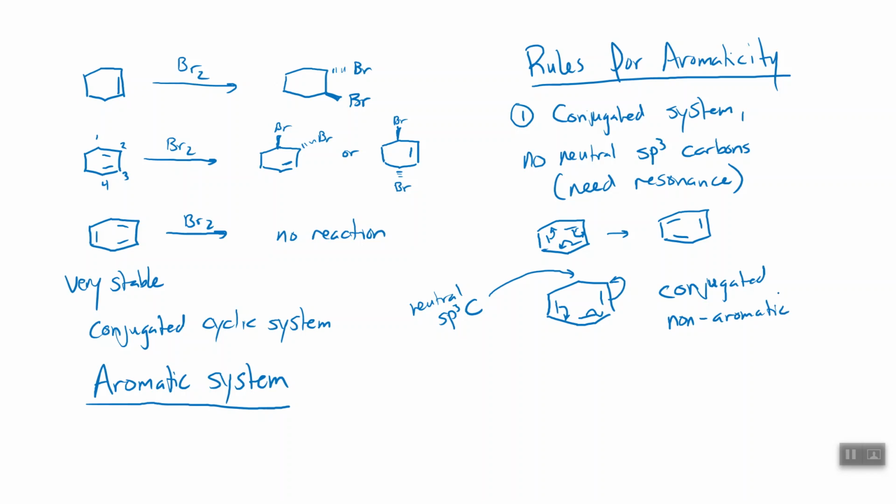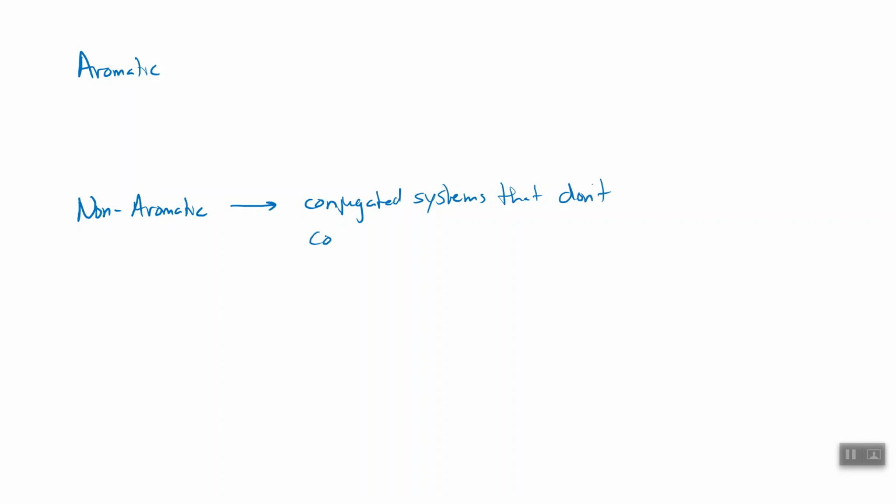And so we already have kind of two categories. We have conjugated, we have aromatic systems, and we have non-aromatic systems. And non-aromatic systems are conjugated systems that don't connect the two ends of themselves, right?